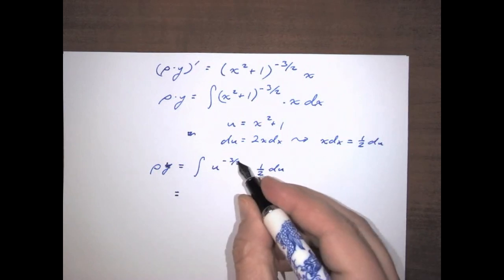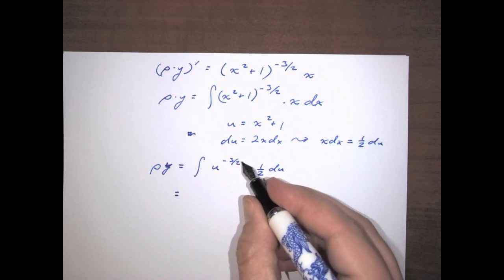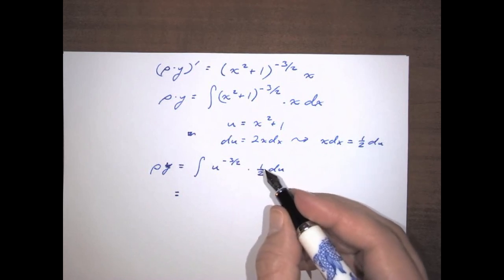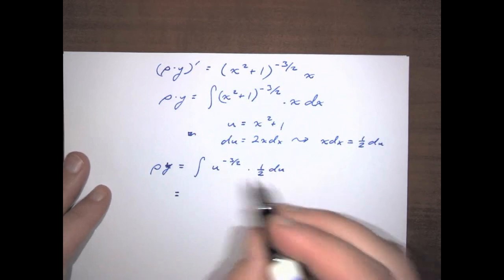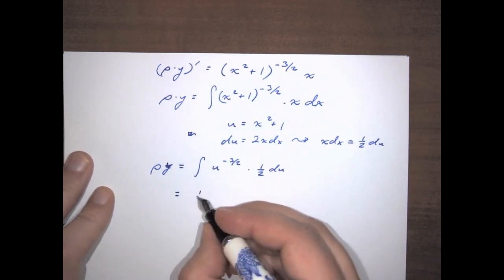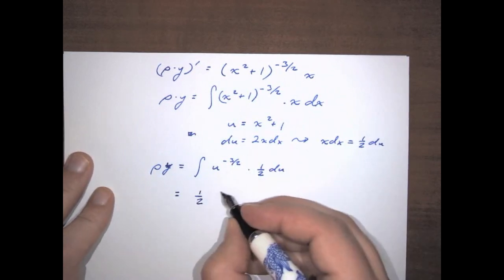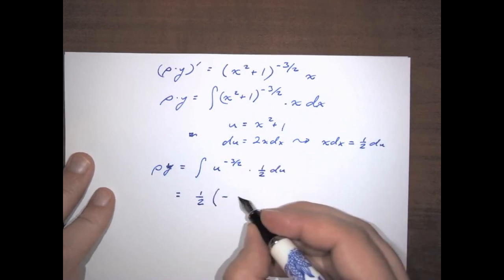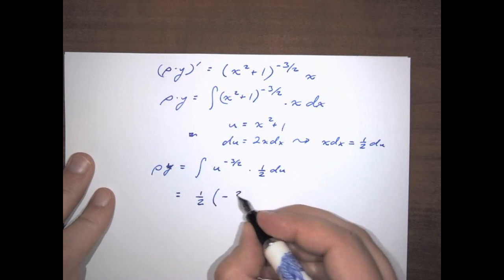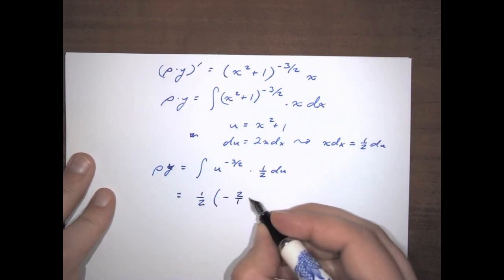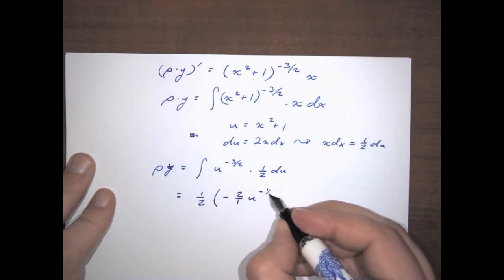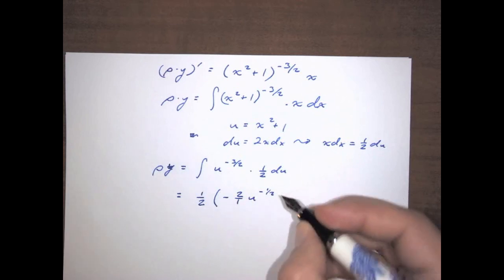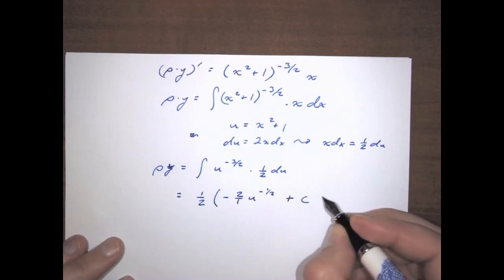You add 1 to the exponent, so that would make a negative 3/2 into a negative 1/2, and then you multiply by the reciprocal of that. We pull the 1/2 out to the very front, times negative 2 over 1 times u to the negative 1/2, plus c.